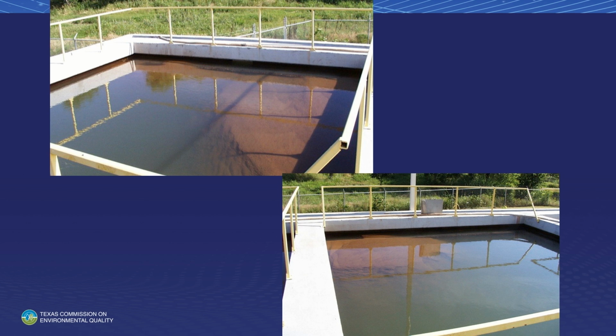Well, when you short-circuit a basin, what happens is that the flow of water tends to speed up on the side that's been short-circuited. Well, you see, sedimentation in a basin depends on the surface area and the velocity going into that tank.